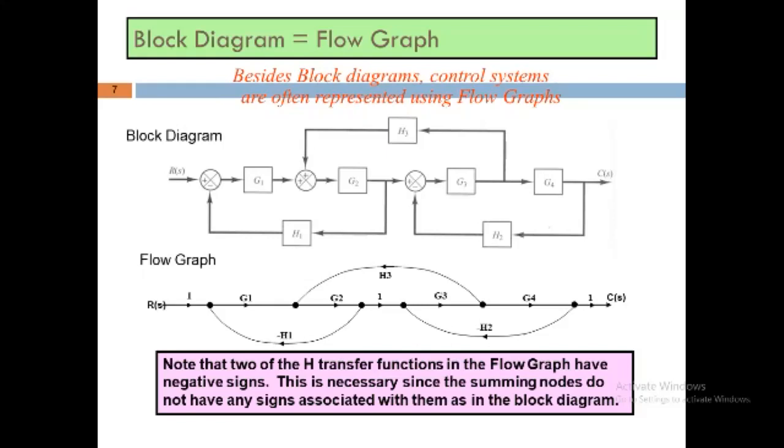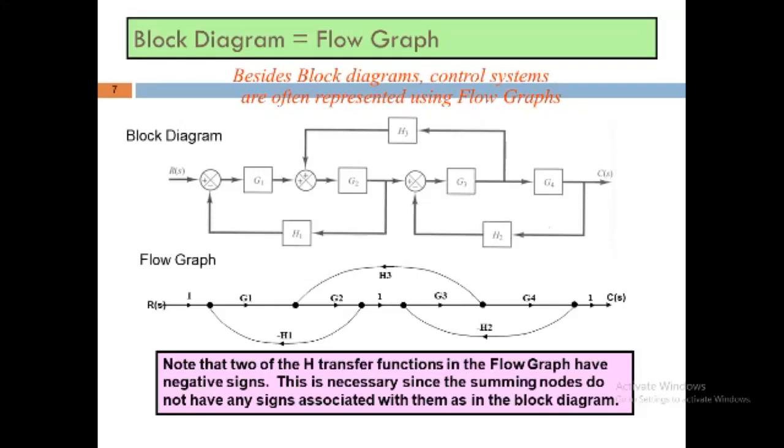In the numerator we write the Laplace transform of the output, C of t, the time domain function, divided by, in the denominator, the Laplace transform of R of t, the input in time domain. So we can easily find out the transfer function of any system.